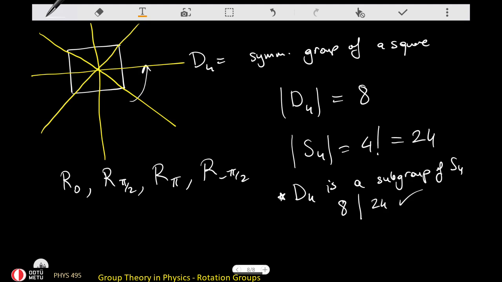We can think of D4 as permutations of the corners, but it's a permutation that preserves the succeeding corners. So we know that, for example, this corner and that corner succeed each other.